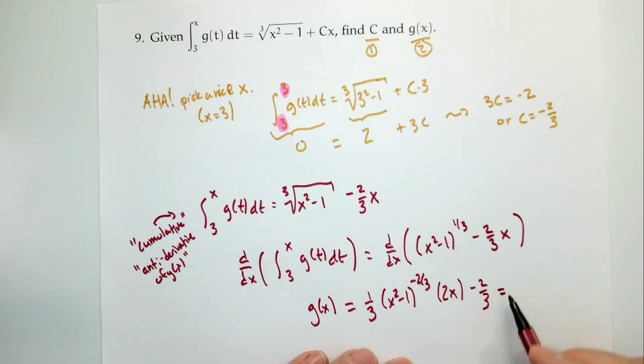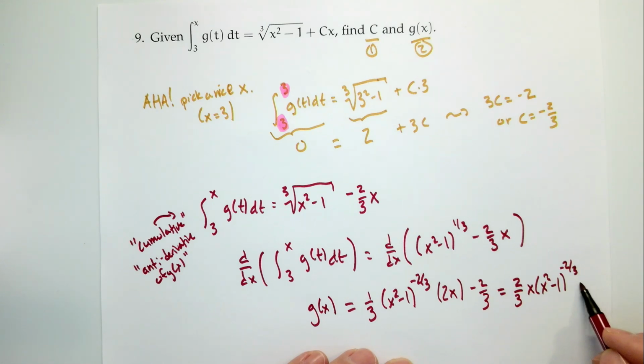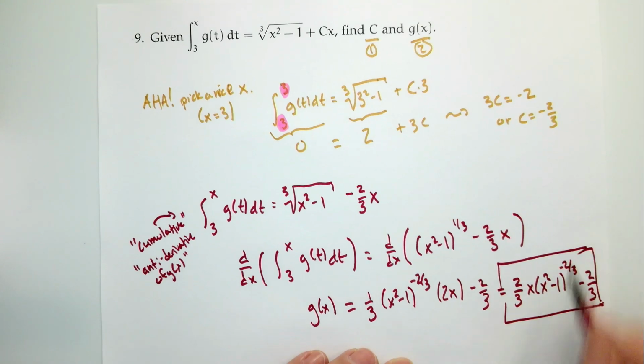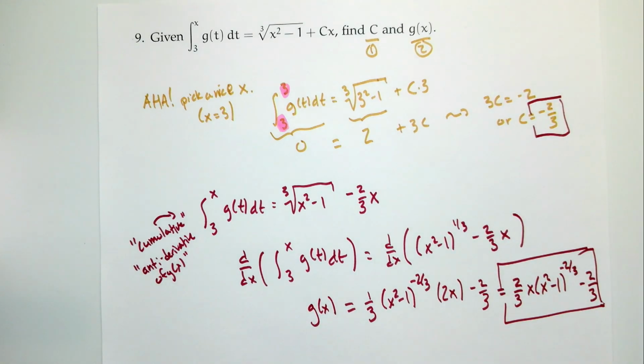So this gives us 2/3 x, times x squared minus 1 to the minus 2/3, and then we're going to have minus 2/3. And that is our final answer. Good. I guess we should also box c. So negative 2/3 for c, and there's our function for g of x.